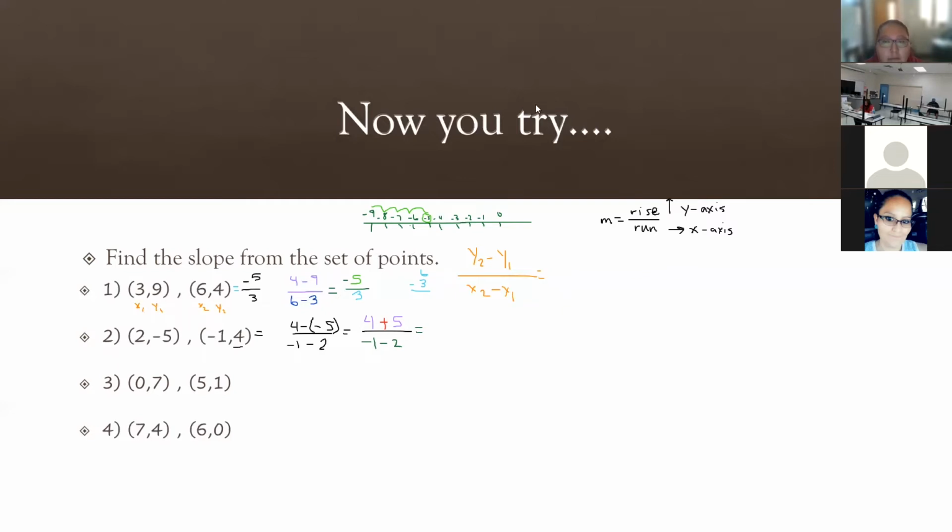So now 4 plus 5, that gives us a 9. And this one, you're going to use your number line again.